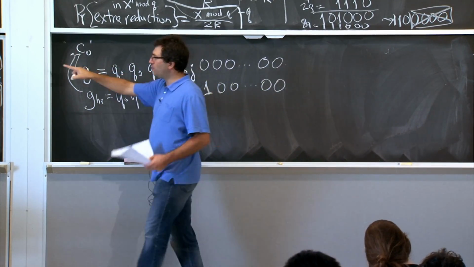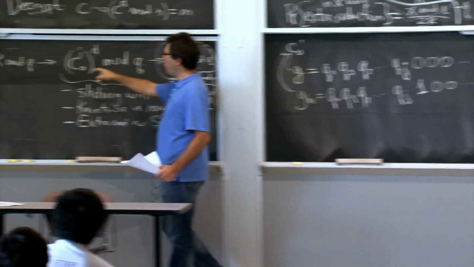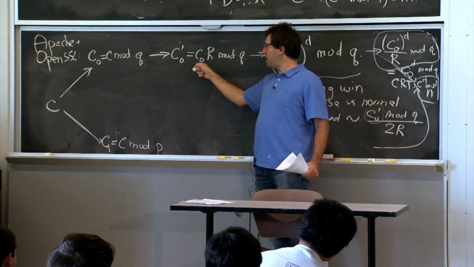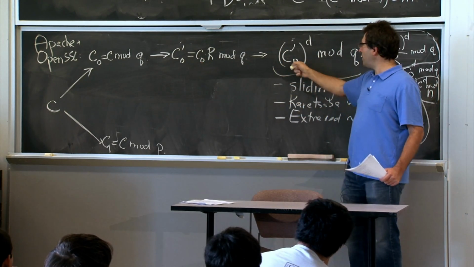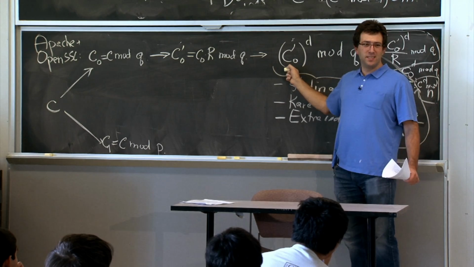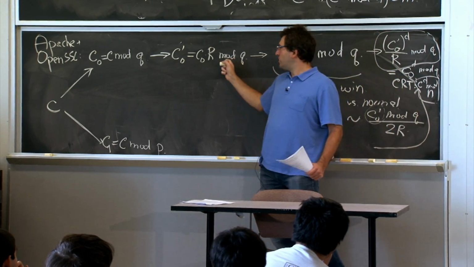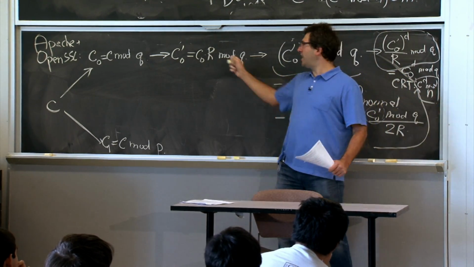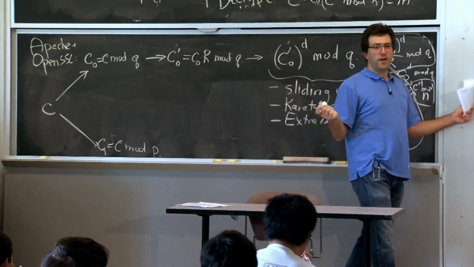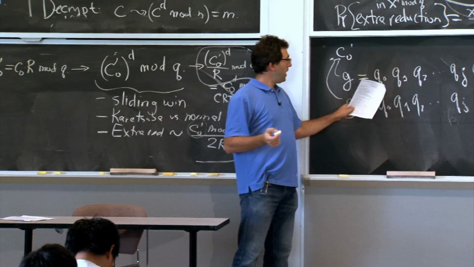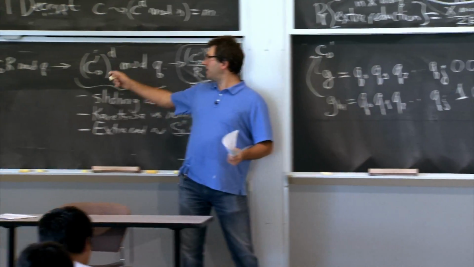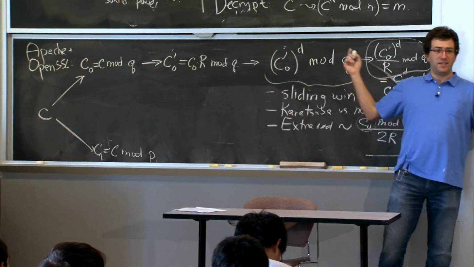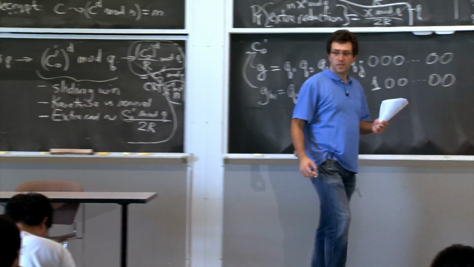Because C0 prime is pretty deterministically computed from the input ciphertext C0. You just multiply it by R. So in order for them to get some value into here as a guess, they just need to take their guess and first divide it by R, so divided by 2 to the 512 mod something. And then they're going to inject it back. And the server is going to multiply by R. And off you go. Make sense?